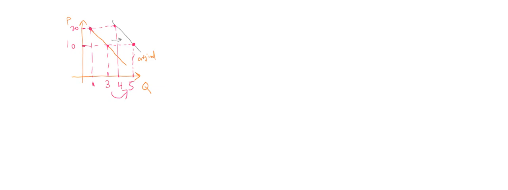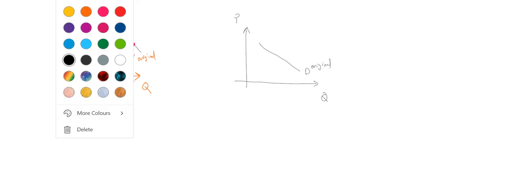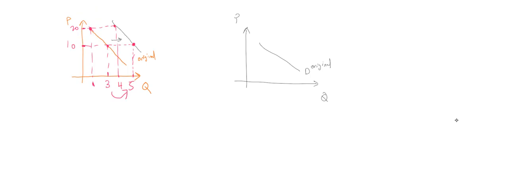What about decreases in demand? So external factors that cause a decrease in demand. Well, again, if we were to plot this, and this is the original, the new curve is like that.